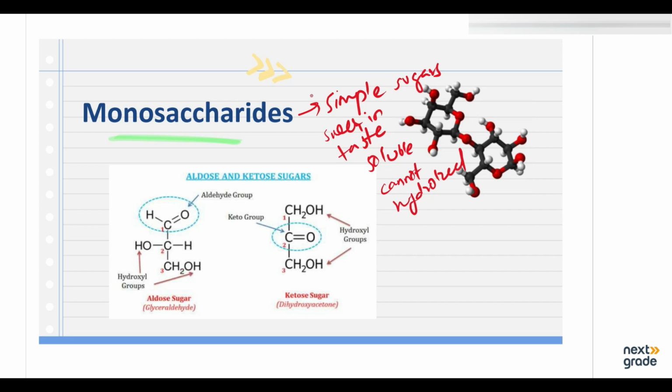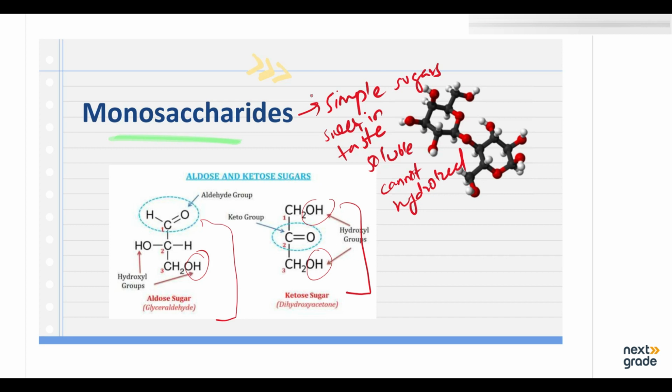So all carbon atoms in a monosaccharide except one have a hydroxyl group. They always have that. The sugar with the aldehyde group is called an aldose sugar, and the sugar with the keto group is called a keto sugar, as you can see in this picture.